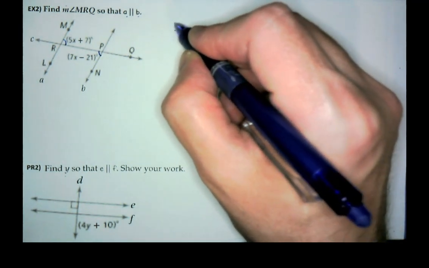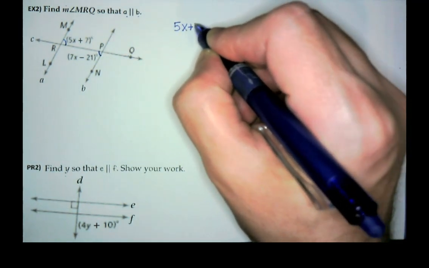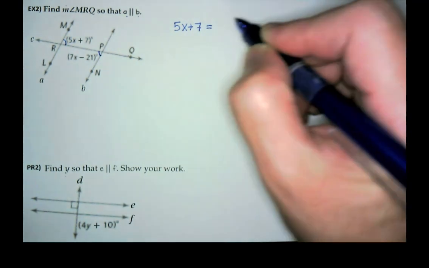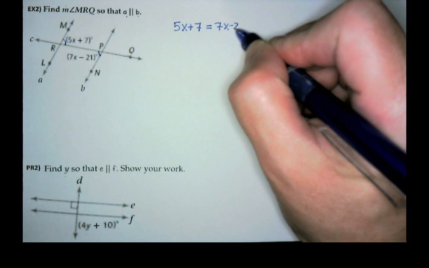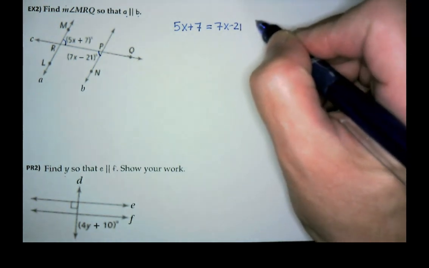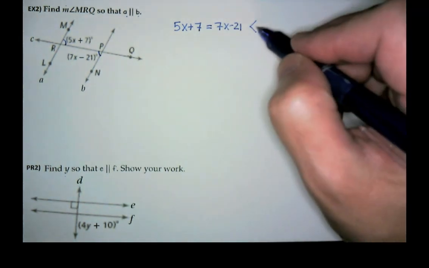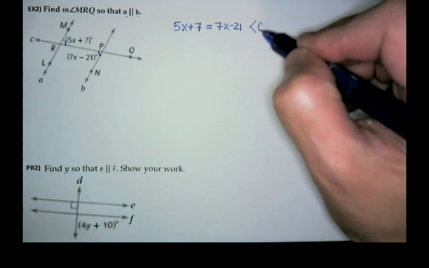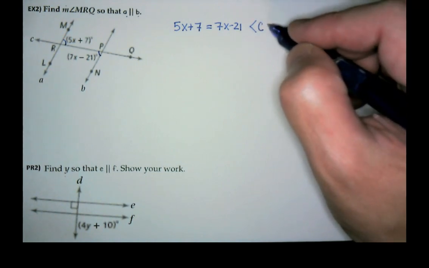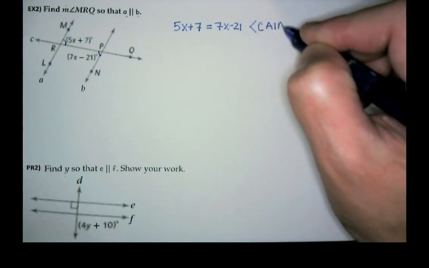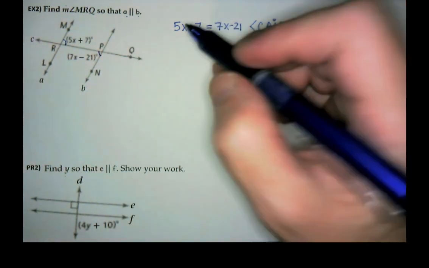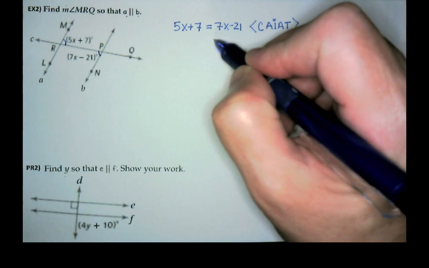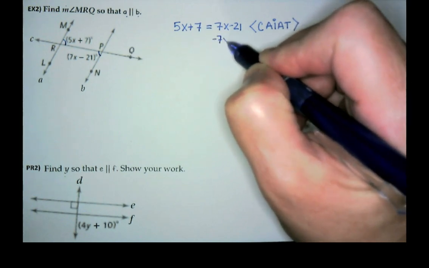So that would be 5x plus 7 equals 7x minus 21. And the reason why we are going to say that is because of the converse of alternate interior angle theorem. Okay, we're going to solve for x, so then we're going to do minus 7x.